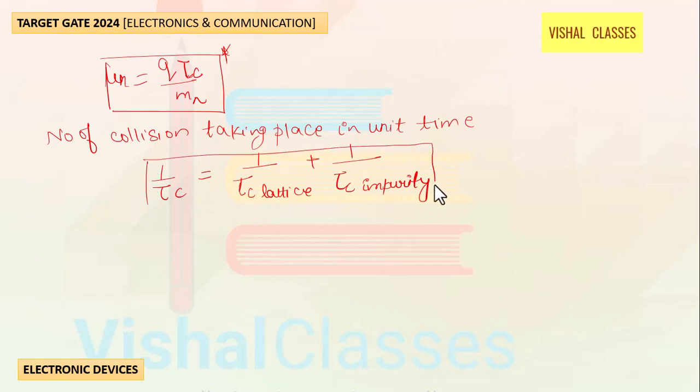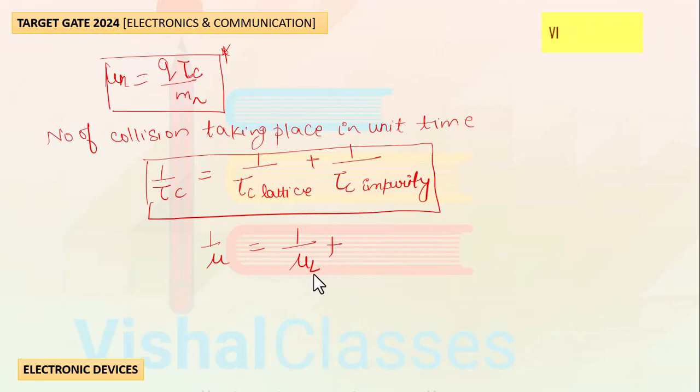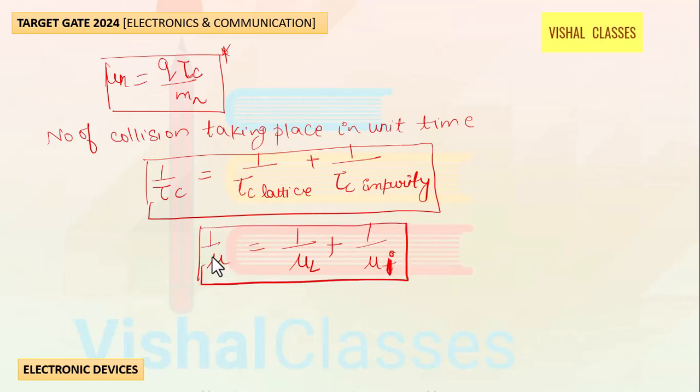And also write 1 by mu is equal to 1 by mu L plus 1 by mu I, mobility of lattice and of impurity.